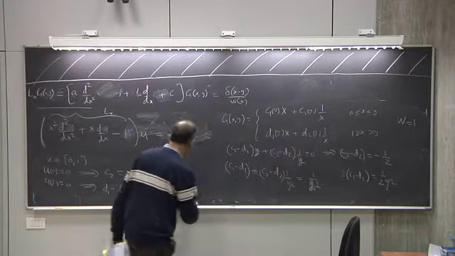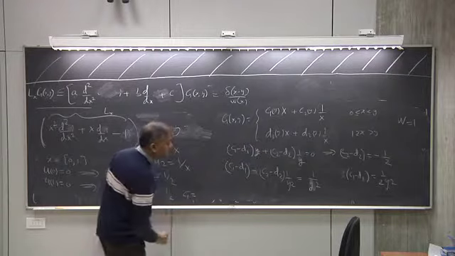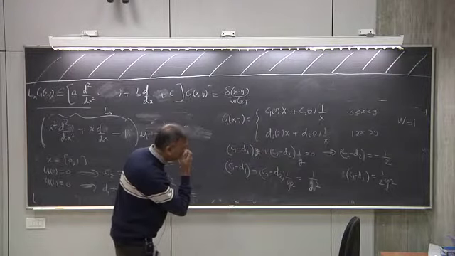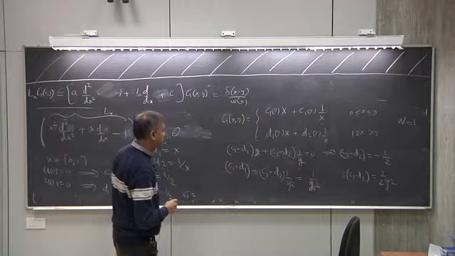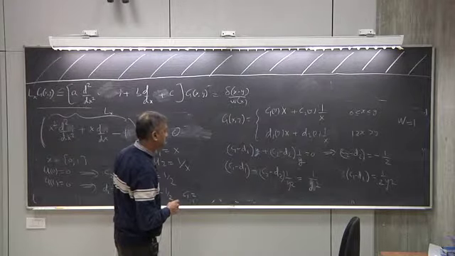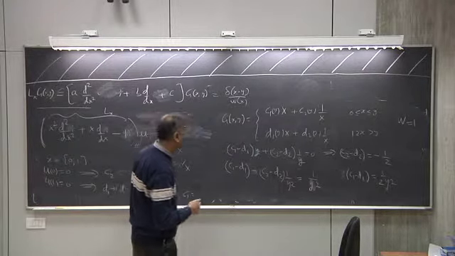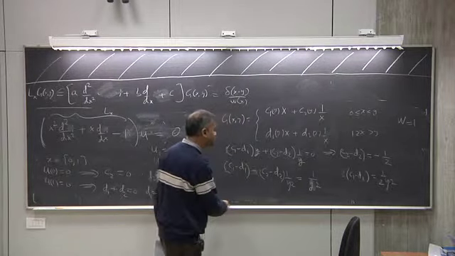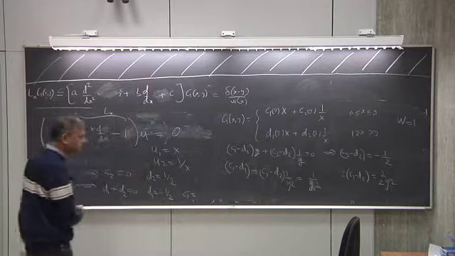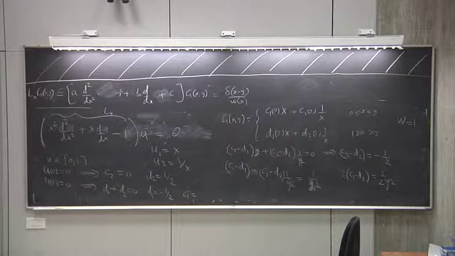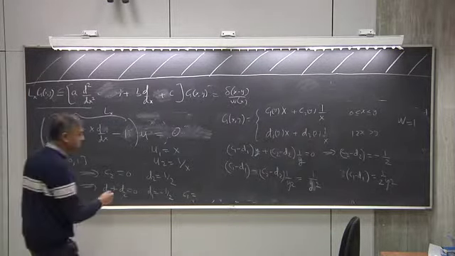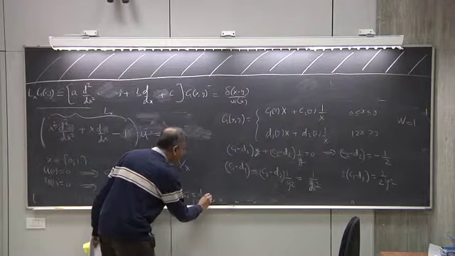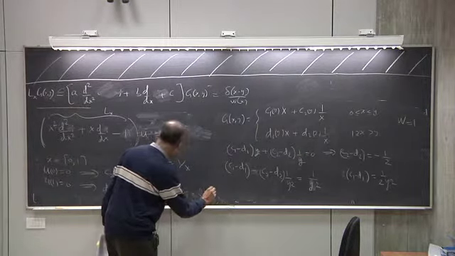So c1 is, did I get the minus plus right? So what do we find if I substitute? 1 over 2, 1 over y square, minus 1.